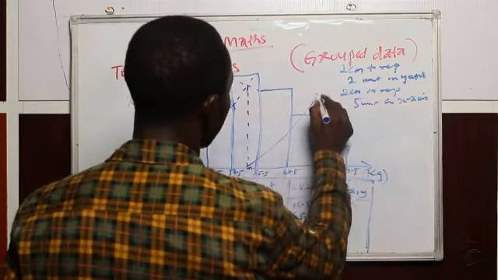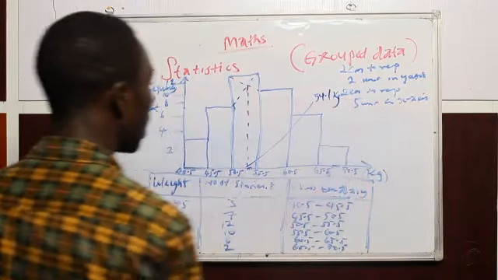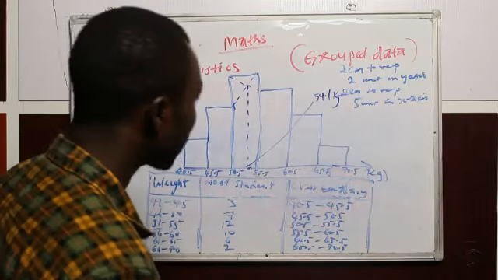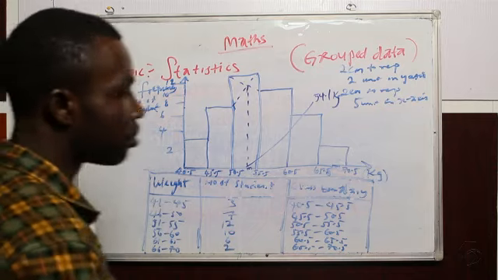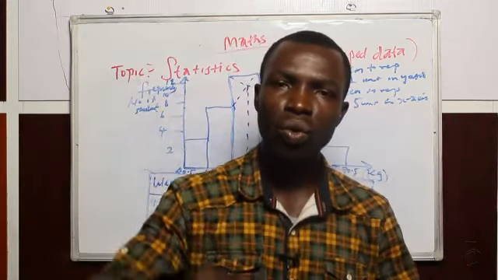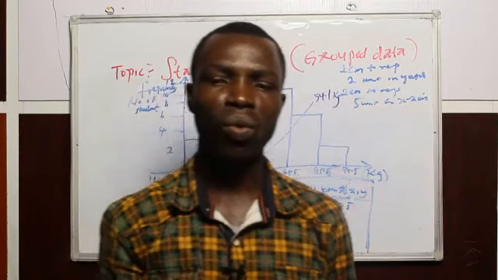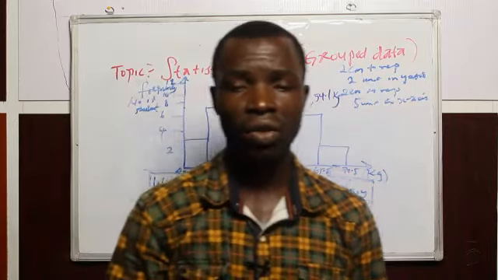So here is 54.1 kg. Now, check your graph. You discover that the point of intersection lies at 54.1 kg. Wow, that's one of the importance of using a histogram to know the mode. We can use a histogram to find our mode accurately without any guesswork.